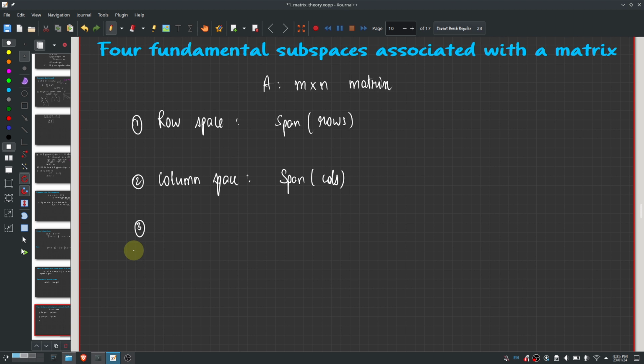Okay, what is the other fundamental subspace? That is the right null space. Right, that we sometimes just refer to as the null space of A. This is the set of all vectors v in R^n such that A times v is equal to the 0 vector.